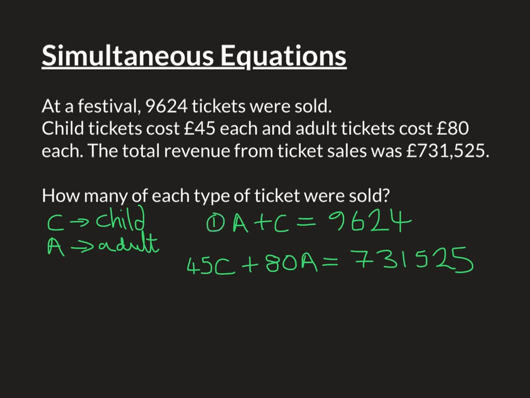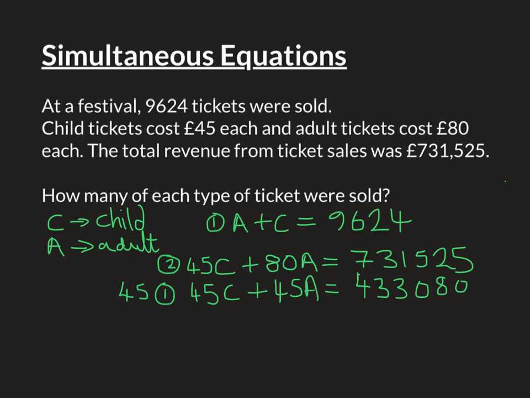So if I've got equation 1 and equation 2, hopefully you can see if I multiply equation 1 by 45, then that's going to give me 45c, and that will make the coefficient of c the same. So I have 45c plus 45a equals 9624 times 45, which is 433,080.